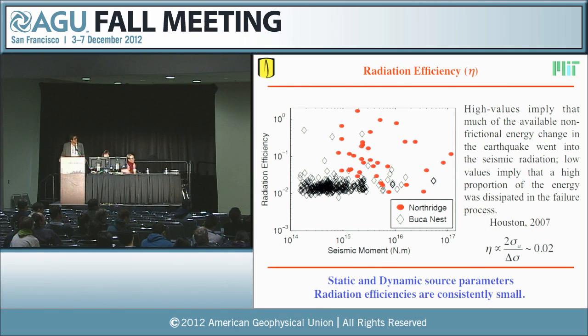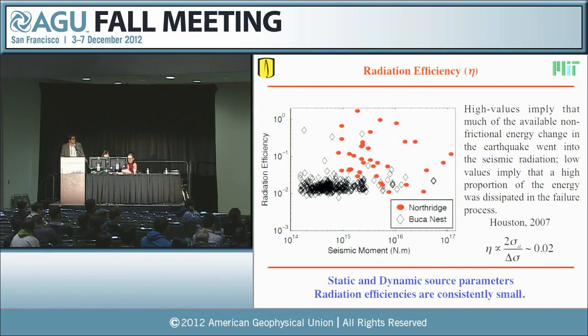For the Bucaramanga earthquakes, which are the diamonds there, they tend to be consistently lower than the same estimate for the Northridge events. You can see that in Northridge, there's no apparent scaling. For Bucaramanga, the scaling is also not apparent, but it's definitely true that the radiation efficiency for the deeper events is much lower than for the shallower events.